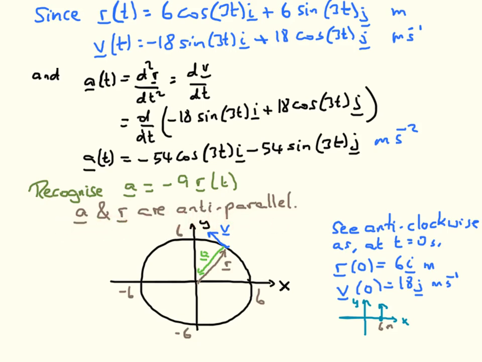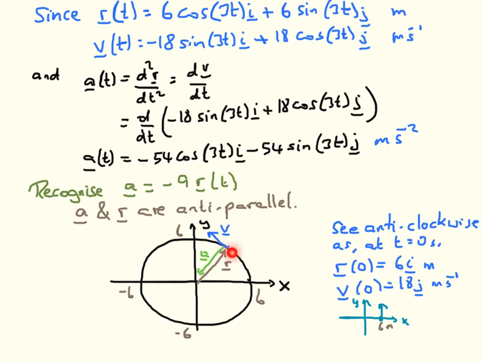So the picture that we are getting out of all of this is we are considering circular motion centered at the origin. The radius is 6 meters. The position vector is in this direction. The velocity vector is orthogonal to it, it's at right angles, and the acceleration vector is back towards the origin.